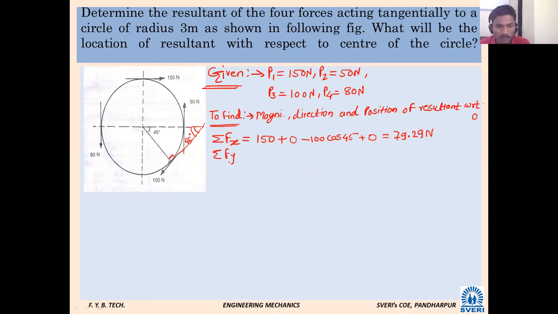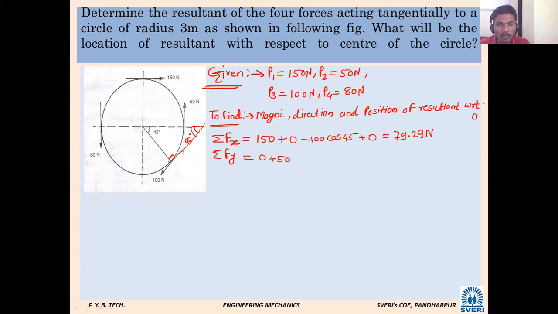Summation Fy is equal to the Y component of the P1 force, which is 0 because it is a horizontal force. Next, P2, the Y component of the 50 Newton force: plus 50.